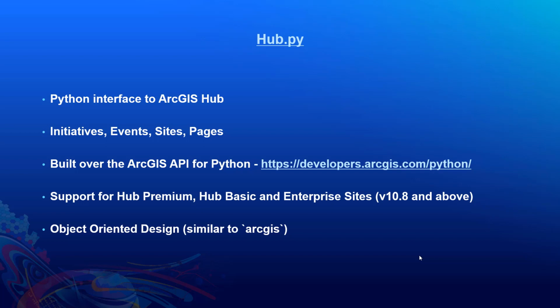And another similarity I'd like to point out is the intended environment to use our library, which is the Jupyter notebooks. While you most certainly can use it in standalone scripts or web frameworks even for that matter, it is built for a seamless experience in Jupyter notebooks similar to the ArcGIS API for Python.